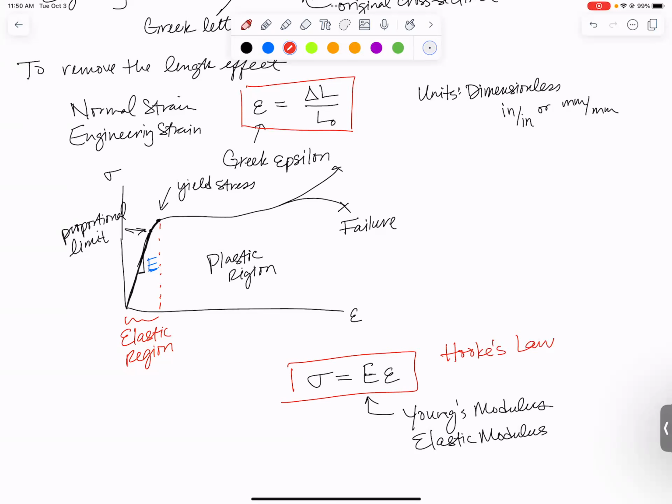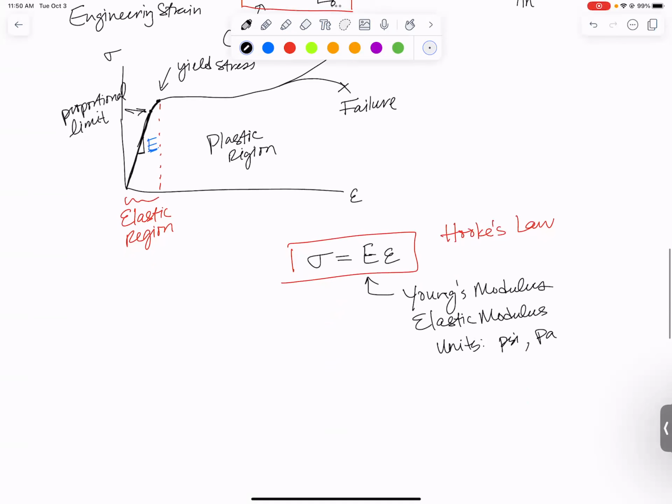You've seen Hooke's law before in physics for springs. Well, this is Hooke's law for materials. The units of that Young's modulus are going to be the same as stress. They're going to be PSI or pascals, depending on whether you're in English units or SI units. So key definitions are those three boxed equations. I'm going to write them down one more time.